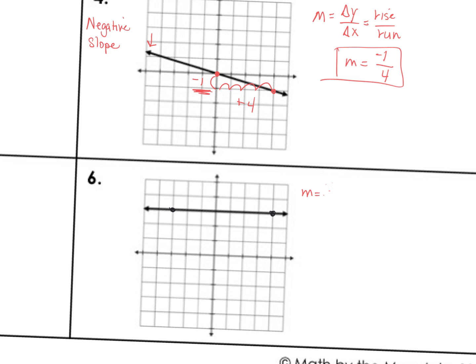The slope equals the change in y over the change in x, which is the rise over the run, which is, we didn't rise, our rise is 0, and our run is 1, 2, 3, 4, 5, 6, 7. So the slope is 0.